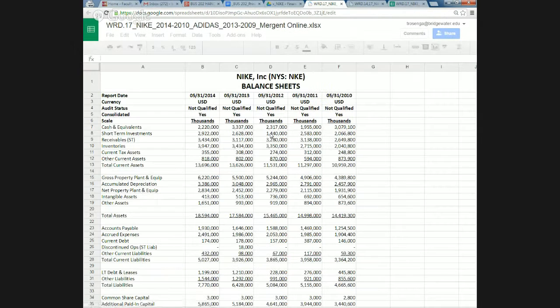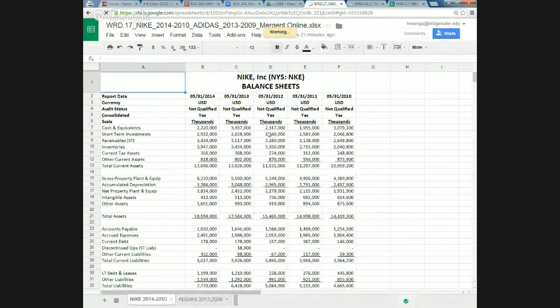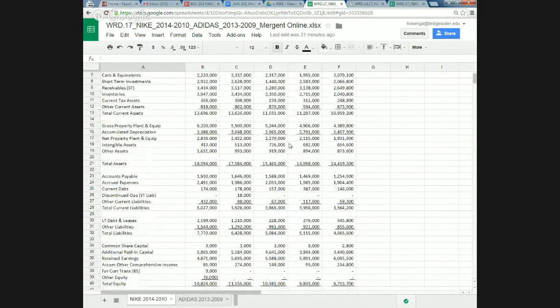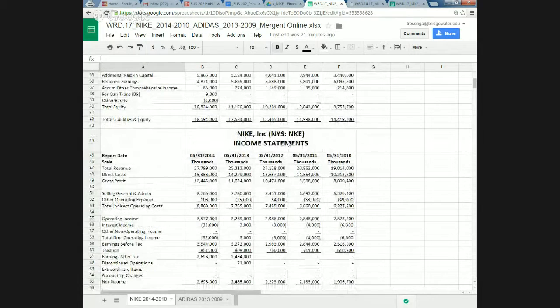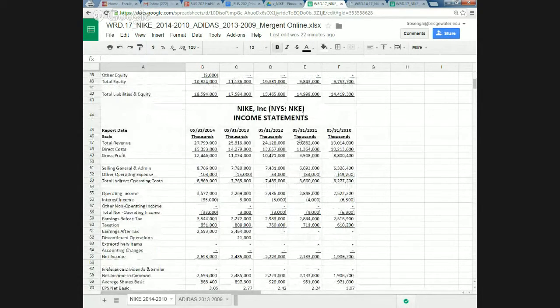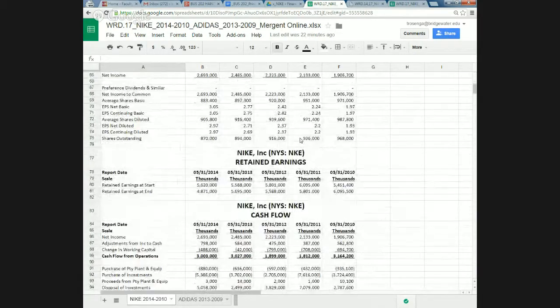Also, what you have is a download of some information from a company called Mergent Online. This is a financial services company that would take the financial information from a variety of financial statements that are published and put them into a standardized format that business people can use, and you can get up to 10 years of information about a company using Mergent Online.